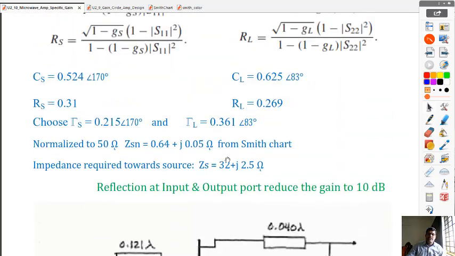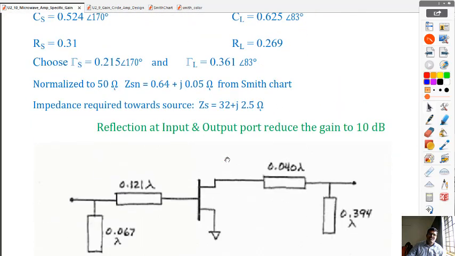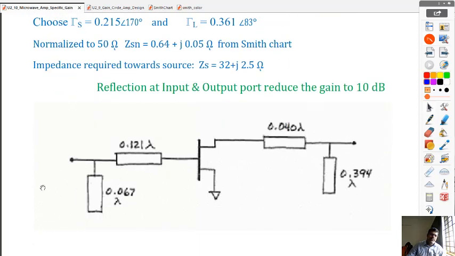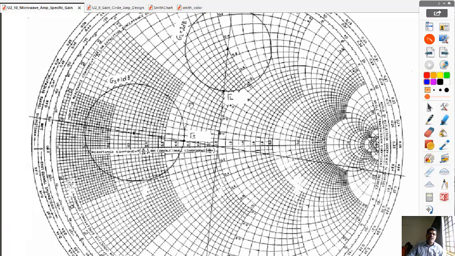So the next step is we have to transform this 50 ohm source impedance as well as the load impedance into the required gamma S or ZS value. Now you read the ZS value corresponding to this point gamma S. Just read the point. This point has a real part value, this one, and the imaginary part, that is the reactance value of this point, will be this one.